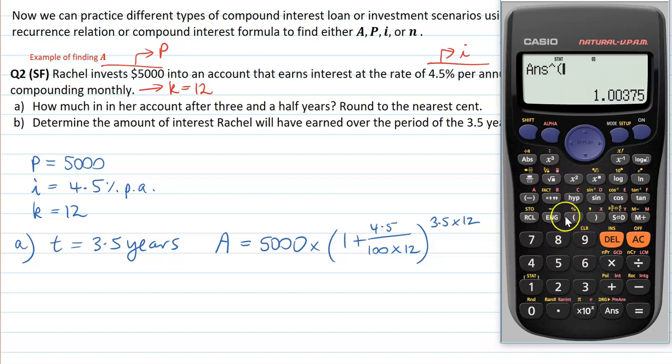So I put it to the power of 3.5 by 12. And then finally do the multiplication. And that gives me a total balance of $5,851.18, because you round to the nearest cent.